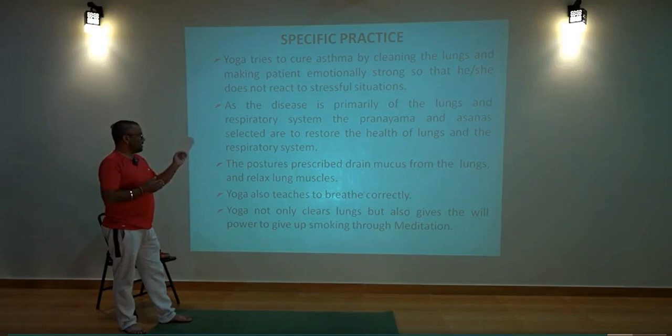The postures prescribed drain mucus from the lungs and relax lung muscles. Simple, fundamental. So drain the mucus out from the lung and relax the lung muscles. So there is no busyness, no tightness, no stiffness on your chest.